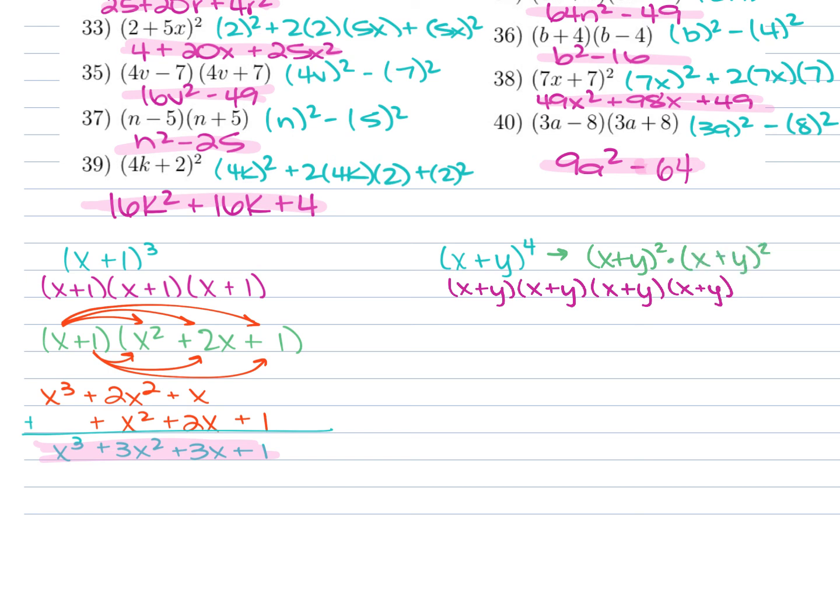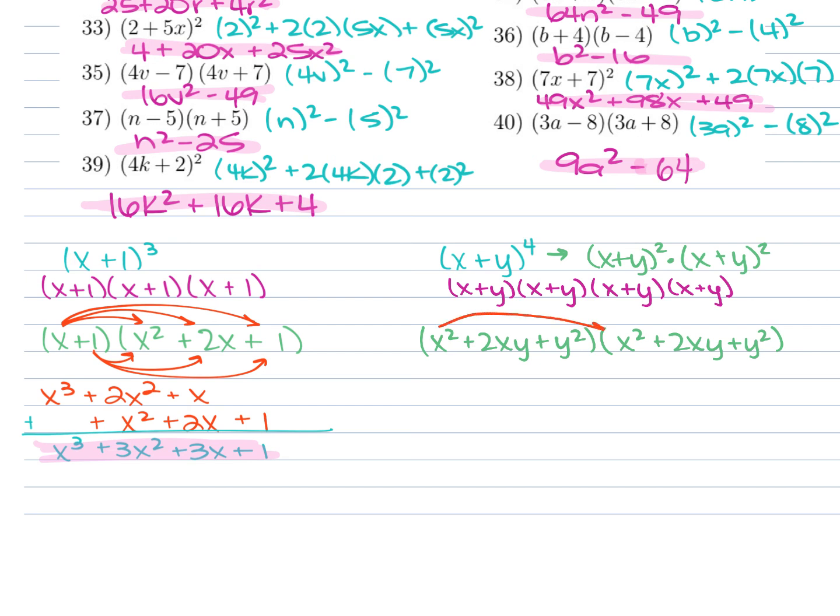So then you can use your rules for your special products, because the x plus y squared gives you x squared plus 2xy plus y squared. From here, just distribute everything in. Start with the x squared in the first set of parentheses, distribute that in. Then go with the 2xy, distribute that into the second set of parentheses. Then go with the y squared, distribute that into the second set of parentheses. Once you do that, just combine your like terms.